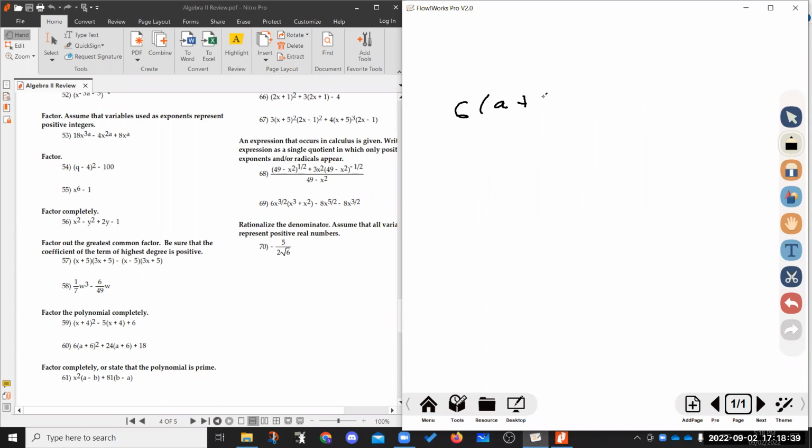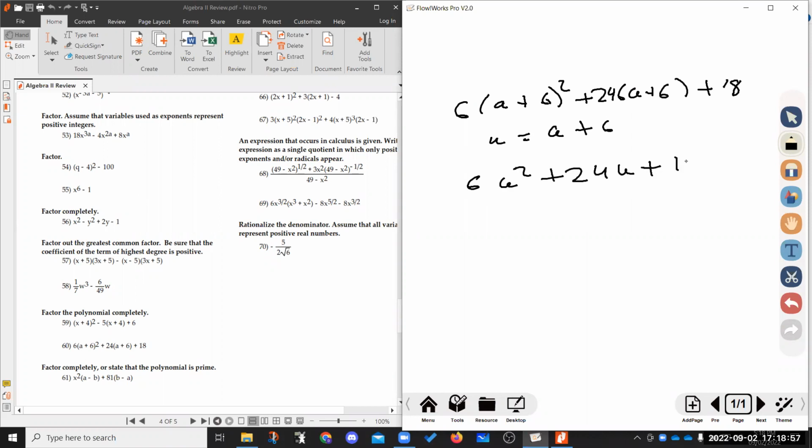Six times a plus 6 quantity squared plus 24 times a plus 6 plus 18. Again, I'm going to use u substitution here where u is a plus 6. 6u squared plus 24u plus 18.